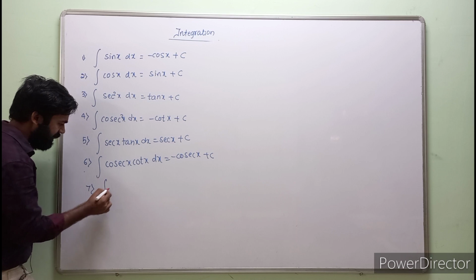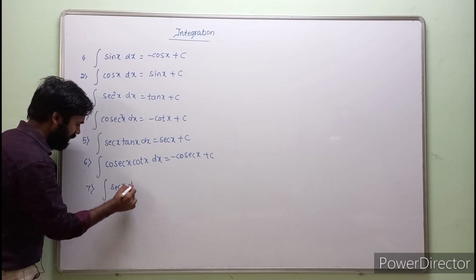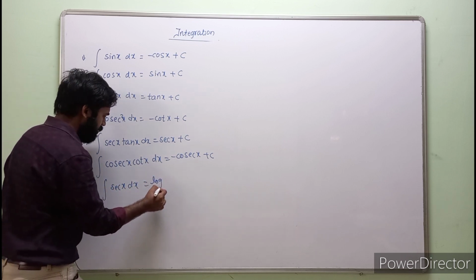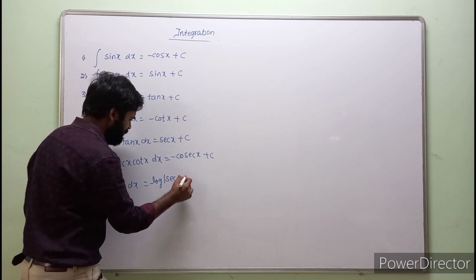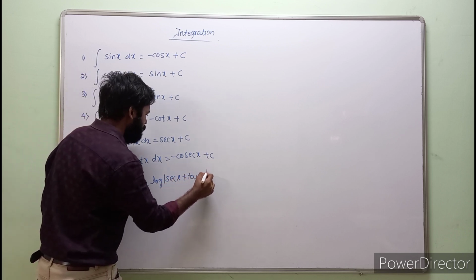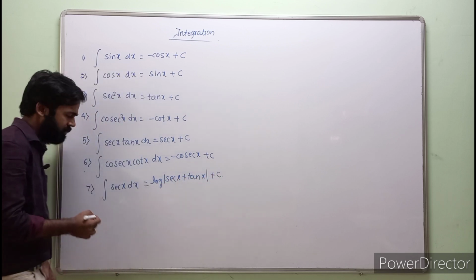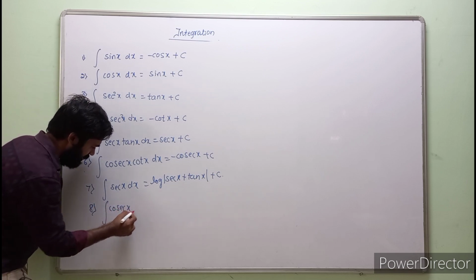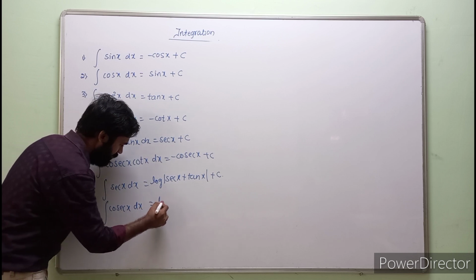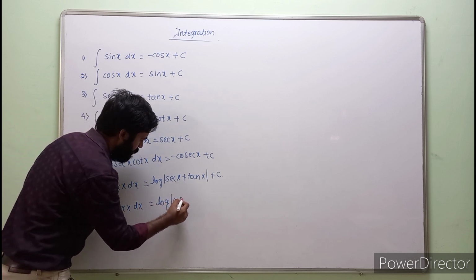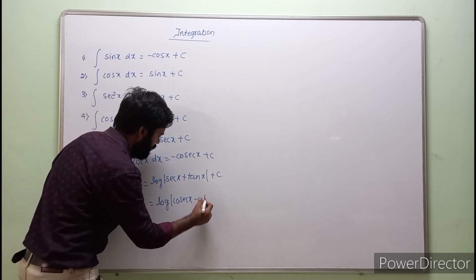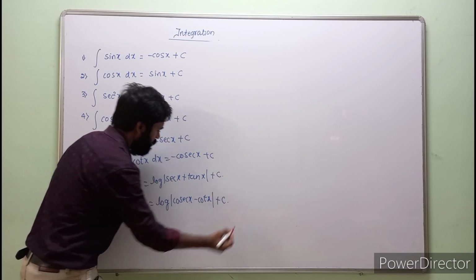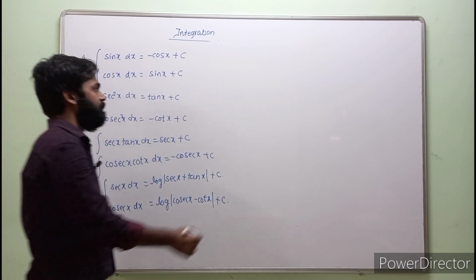Seventh one, integration of sec x dx is nothing but log of mod of sec x plus tan x plus constant of integration c. Eighth, integration of cosec x dx is nothing but log of mod of cosec x minus cot x plus constant of integration c.